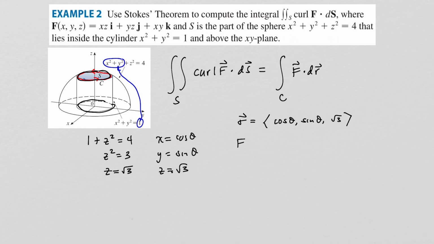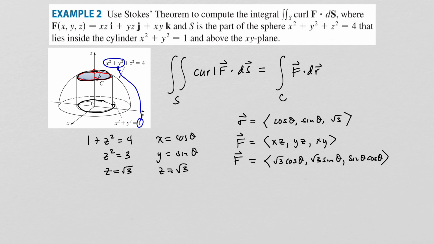And of course, we have our function f up above there, which is xz, yz, and xy. And our function f becomes, when you plug in your parameterization here, x times z, so that's going to be radical 3 cosine of theta, y times z, which is radical 3 sine of theta, and x times y, which is sine of theta cosine of theta.